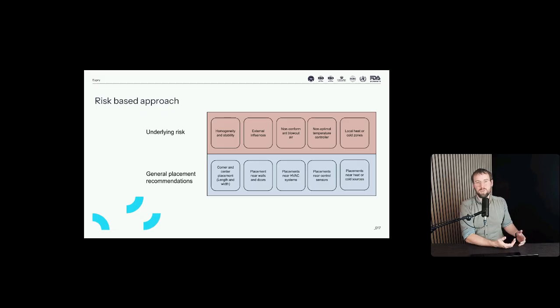So when we set it to 20 degrees, the control sensor might see an entirely different temperature and try to control the temperature according to that. And then lastly, as I mentioned before, we have placement near heat or cold sources. That could be walls, gates, windows, poorly insulated areas, forklift chargers, and so forth. Well, it's because there's a local heat or cold zone or radiation.